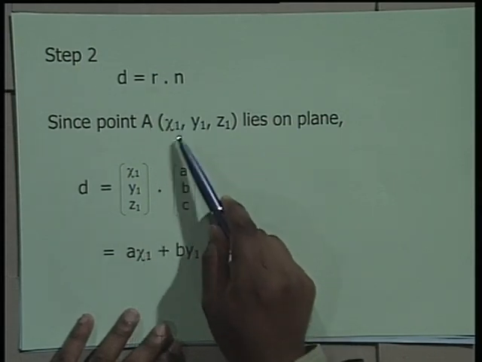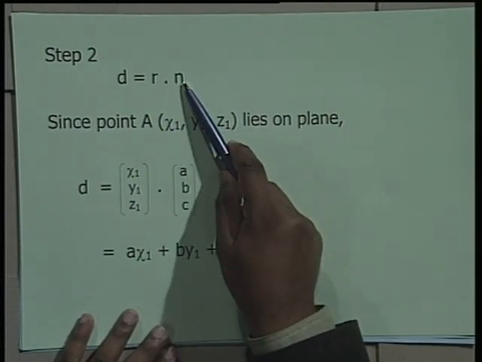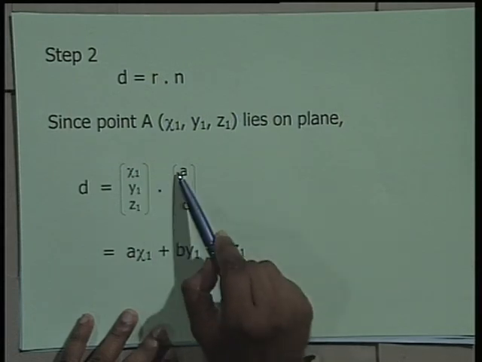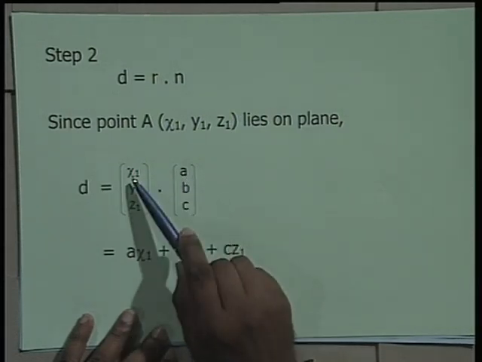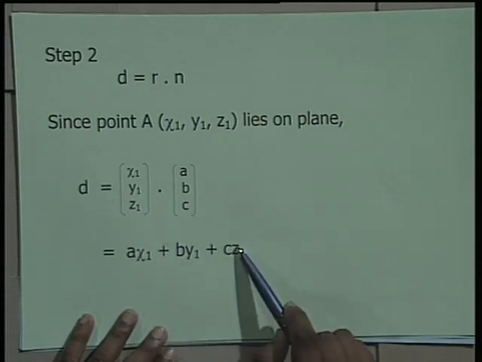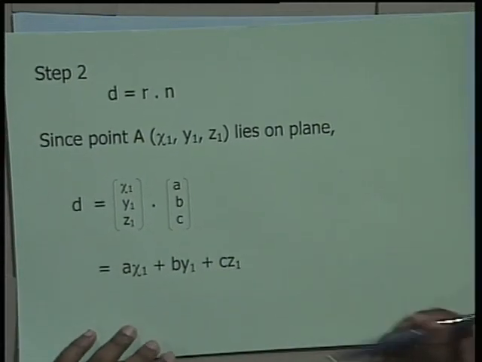That is, r can be expressed as x1, y1, z1, dot n, where n is the vector perpendicular to the plane. Carry out the dot product, a times x1, plus b times y1, plus c times z1, and find the sum to obtain d. So d is obtained by replacing r in the equation by the position vector of a known point on the plane. Let's take an example.